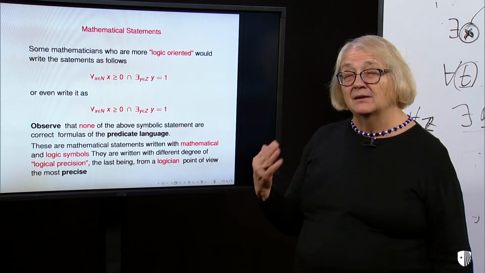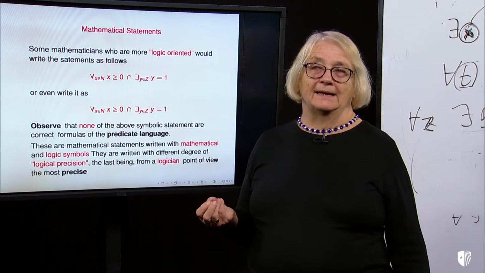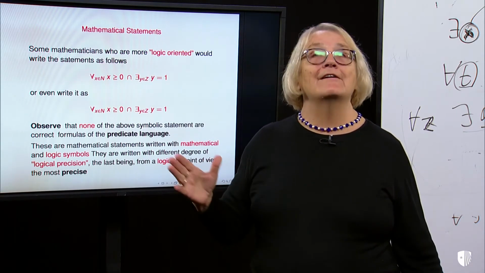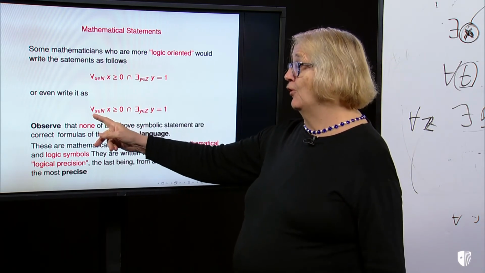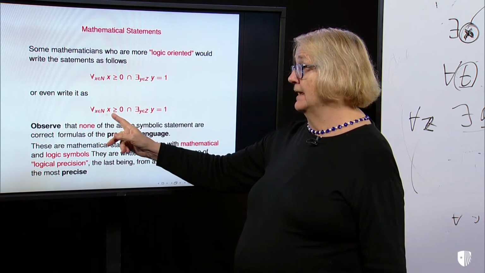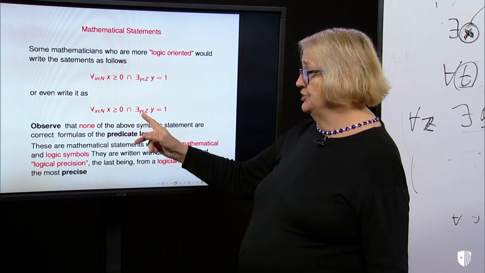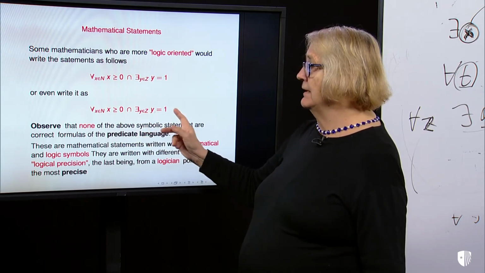You can write, even putting the symbols in natural language, in a more coherent way. For example, that could be: for all x natural number, x greater than 0, and there is an integer y in Z, the set of integers, y equal 1.